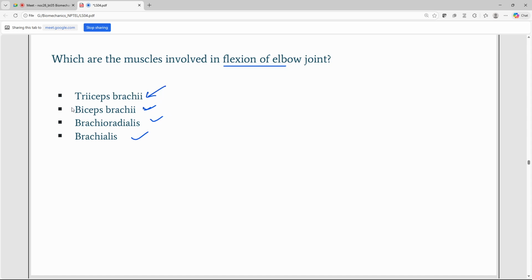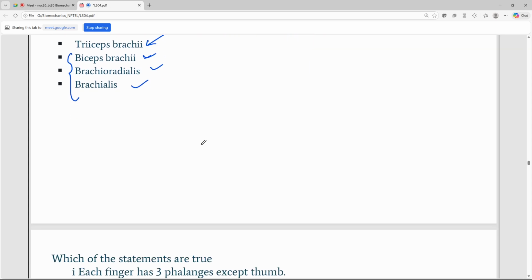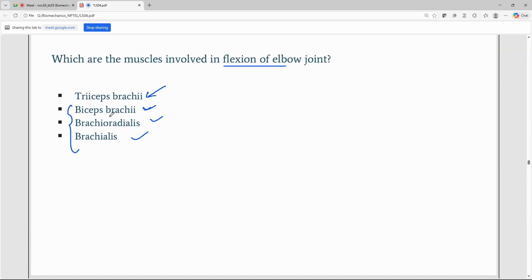So our options are B, C, and D. These three muscles are involved in the flexion of the elbow joint because there are three major muscle groups involved, which makes the human arm stronger to lift things, and gives greater agility and range of motion for the upper limb.